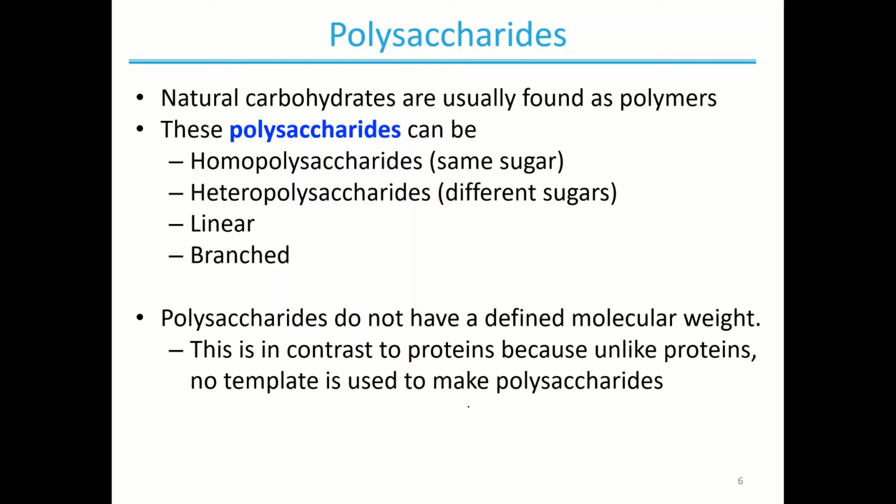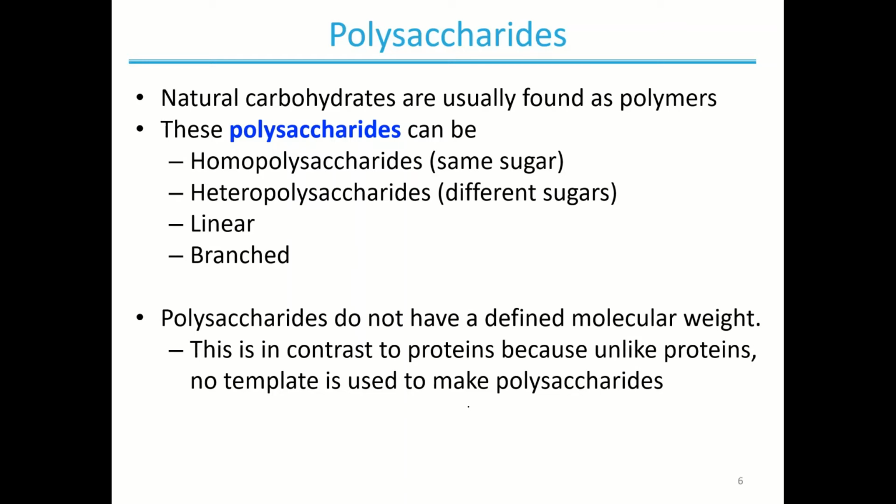Okay, moving on. Polysaccharides, natural carbohydrates found in biology, tend to be found as polymers. Not as single sugars floating around so much as they are connected in a chain. They can be made of the same sugar, which we would call homopolysaccharides, or they can be made up of different sugars, which we would call heteropolysaccharides.